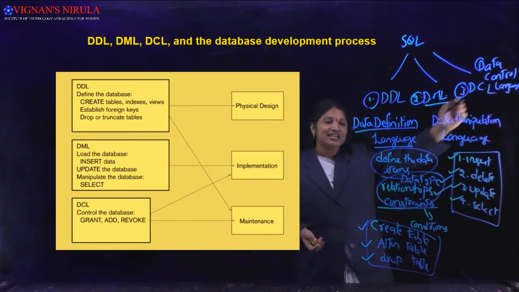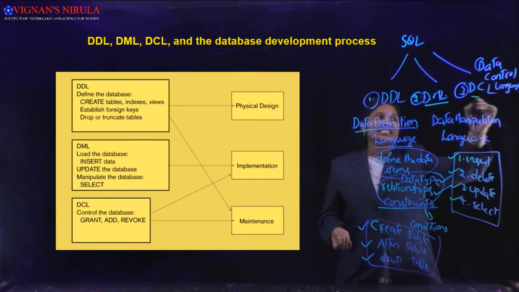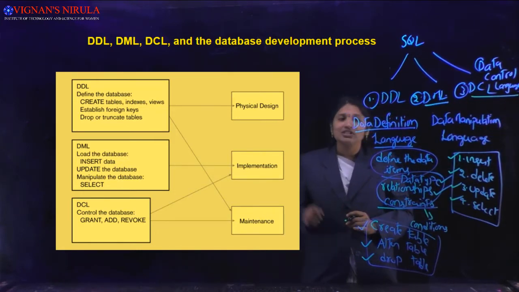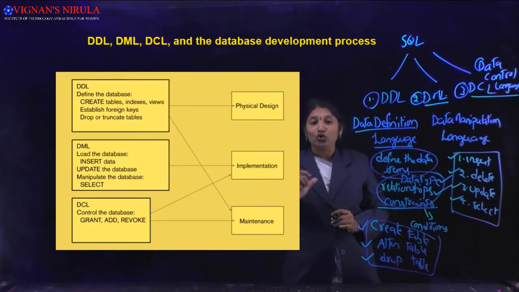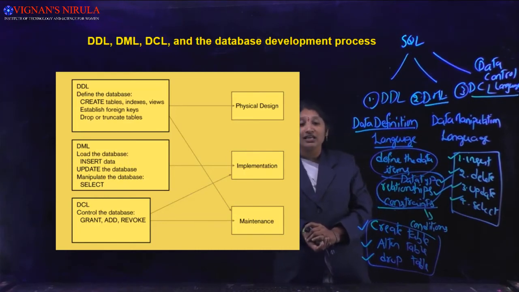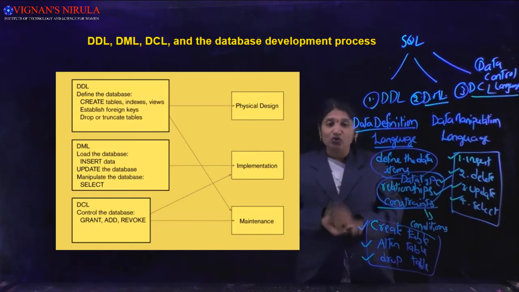So the last category of SQL commands is DCL. As its name indicates, DCL stands for Data Control Language commands. By DCL, you mean that you are going to control the access permissions or authorization permissions to the data which exists within your database.